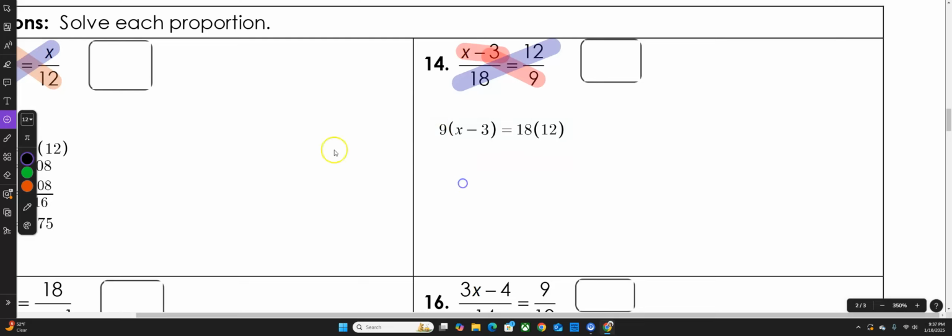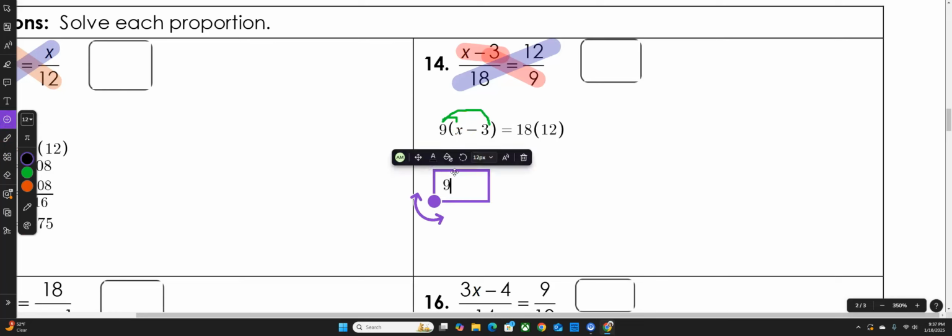Now you should remember from Algebra 1 that we're going to need to distribute. So I am going to multiply what's on the outside by whatever's on the inside. And that gives me 9x minus 27 is equal to 18 times 12, which is 216.